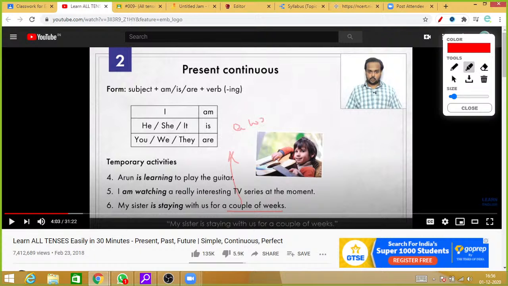A week or two, or a few weeks. So this couple here indicates few, or a week or two. More than 1 week, couple of weeks.